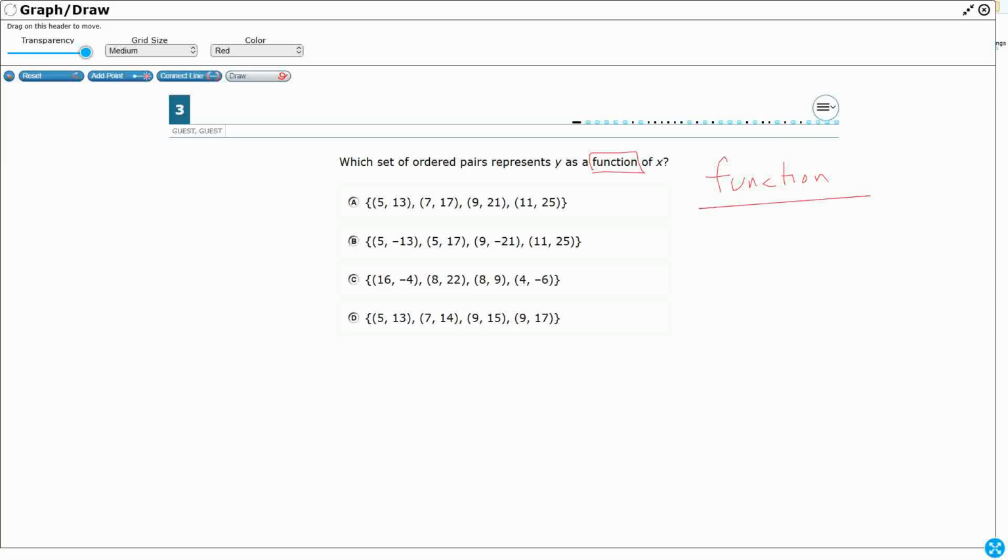It's a relation that maps one output, so you can call it an output, you can call it a y, a part of the range, to each input. Now your input is going to be your x. So you need to have one y for each x, and that's the rule right there.